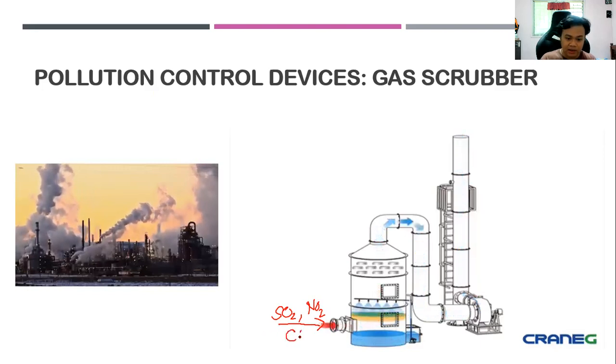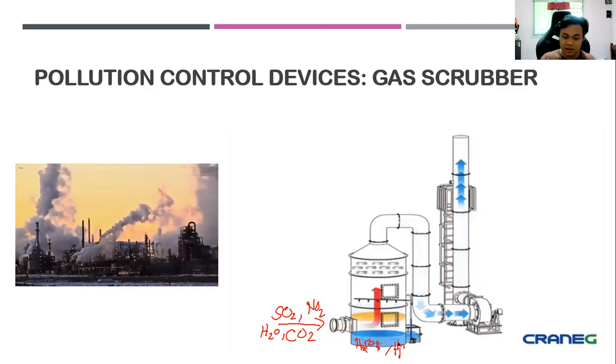There is also CO2 and water vapor. These gases enter our scrubber. Here in the scrubber, the gas goes in from the top, and we also spray water. This is water, guys, water. We spray water on these gases. If we spray water there, the SO2 and NO2 will react with the water, forming sulfuric acid and nitric acid, HNO3.